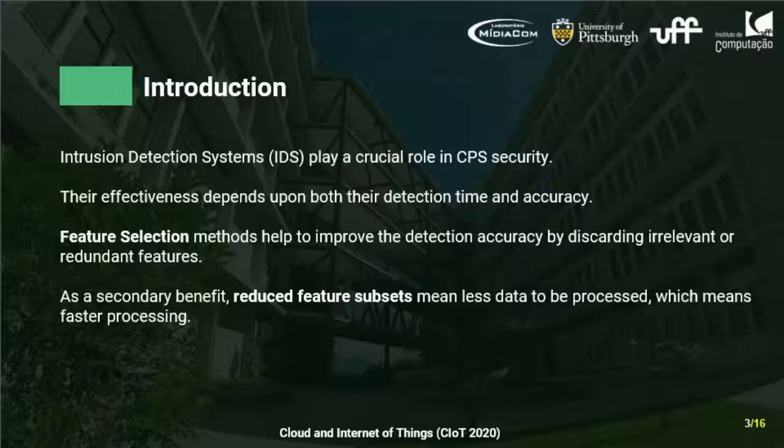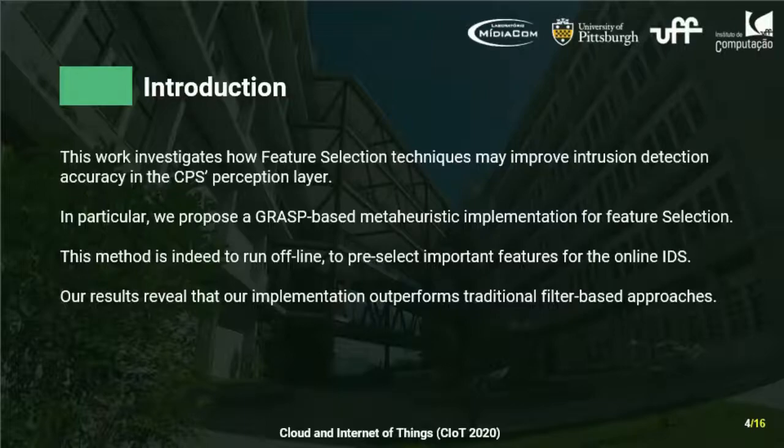As a secondary benefit, reduced feature subsets mean less data to be processed. That means faster processing. So both goals can be achieved by using feature selection, especially the accuracy improvement. That's our focus in this work.